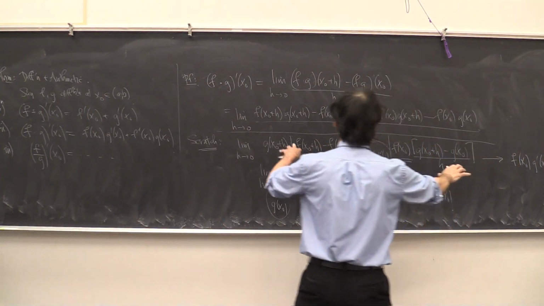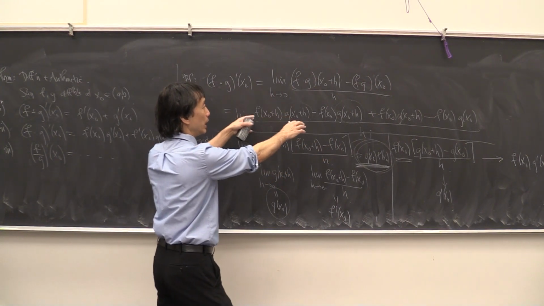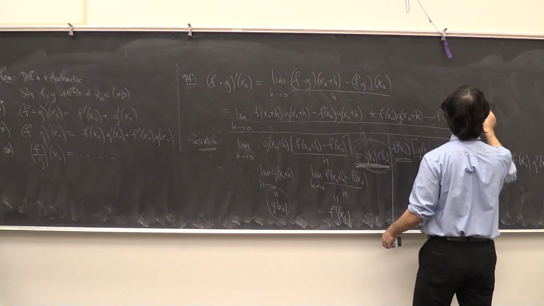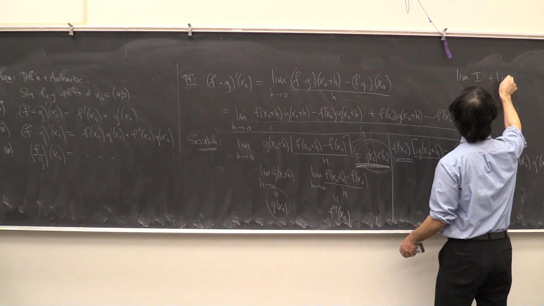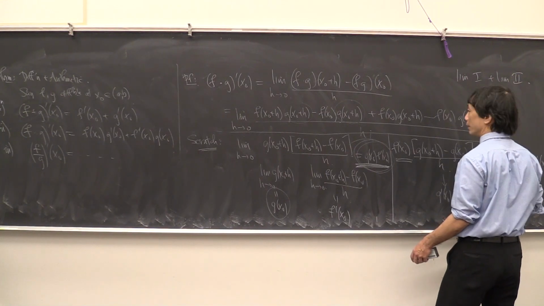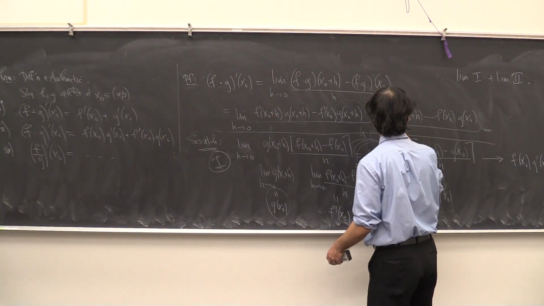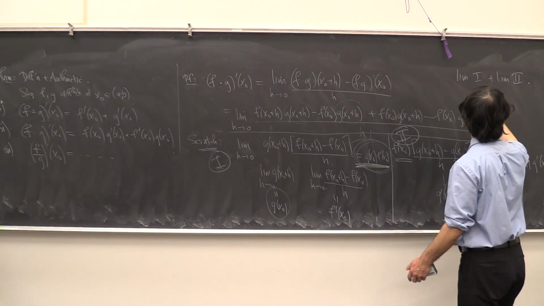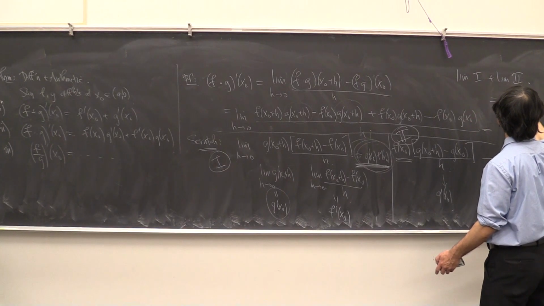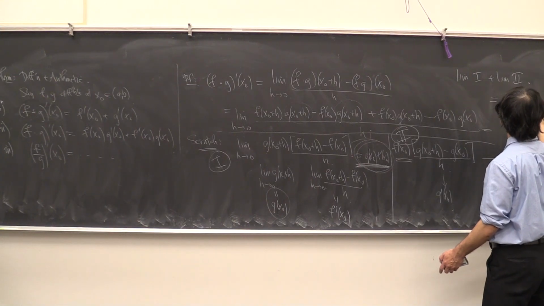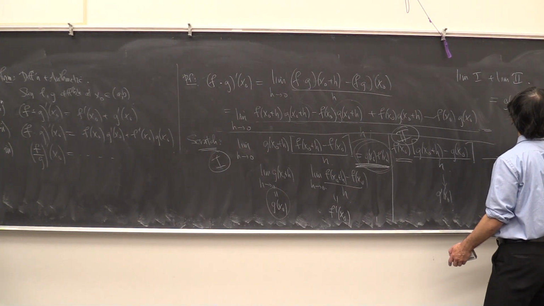So both of those limits exist, and so it was okay for us to separate this thing into two limits, limit 1 plus limit 2. This guy was limit 1, and this guy is limit 2. And so we end up with g of x naught, f prime x naught, plus f of x naught, g prime x naught.